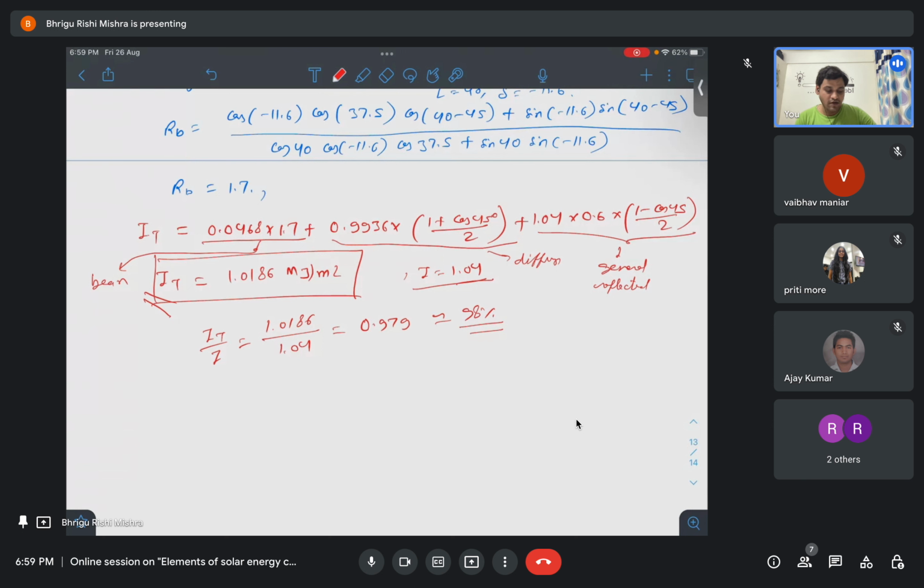We have also seen that almost 98% of the horizontal beam radiation is received by the tilted surface for 2 to 3 p.m. on 20th February at a latitude of 40 degree.